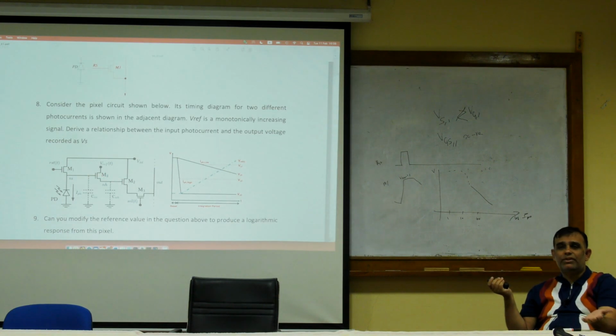There's no place for that charge to go away. While this voltage keeps on going down, this transistor is off. Whatever was here is being held on this capacitive node. Now your task would be to find a relationship between this output voltage and the input photocurrent.